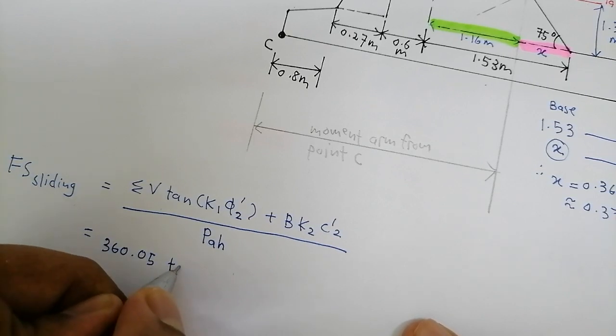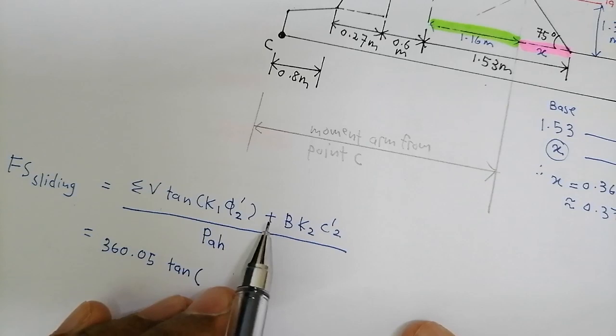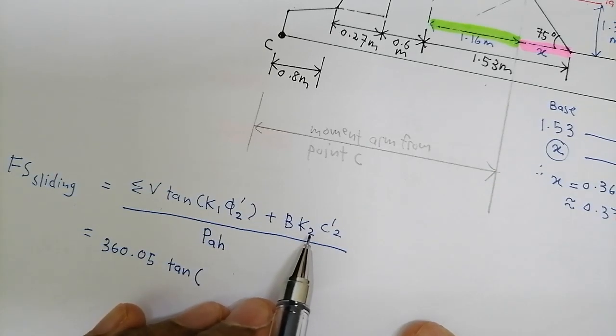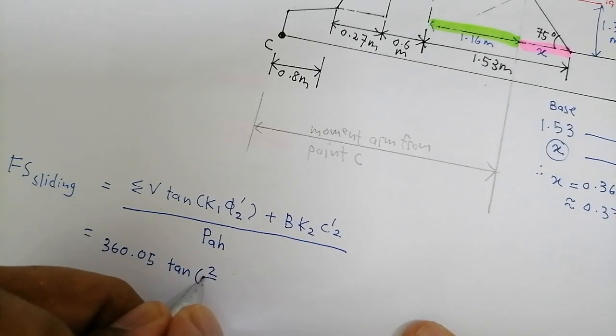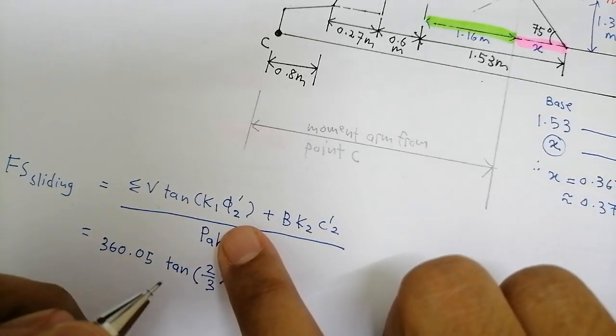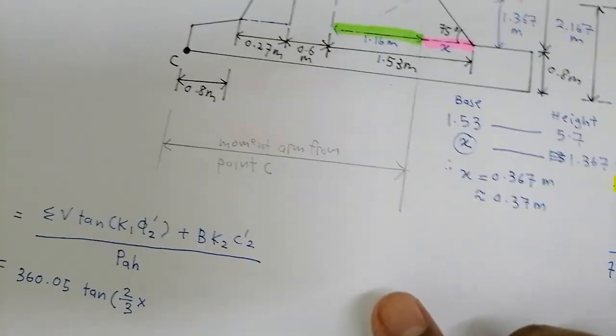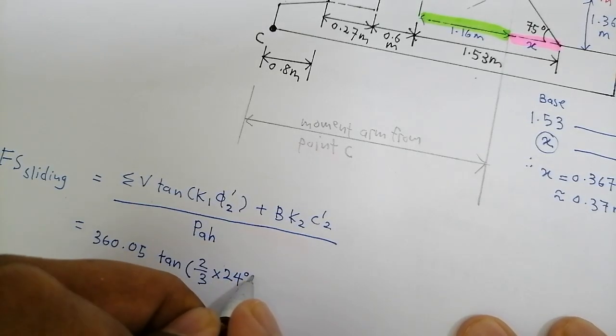So 360.05 tangent, okay, K1 and K2. In this example, we assume K1 and K2 to be 2/3. So 2 over 3 times friction angle 2. How much is friction angle 2? 24 degrees.